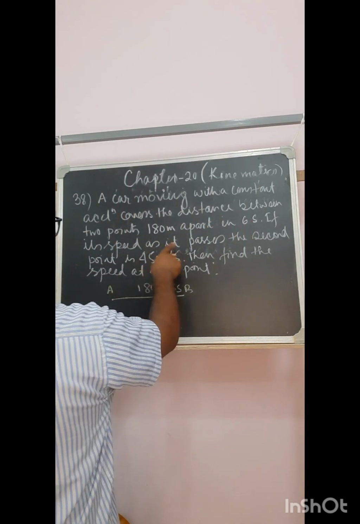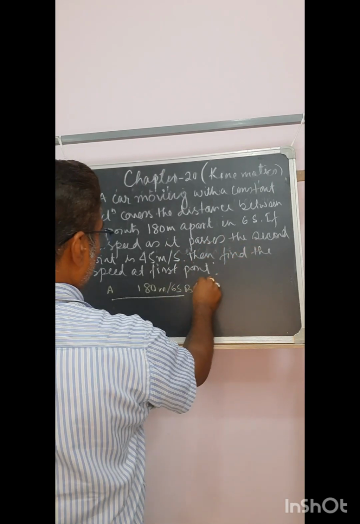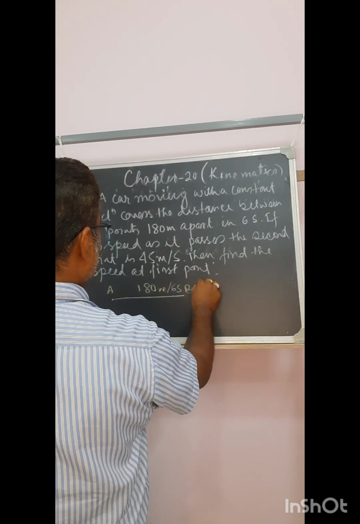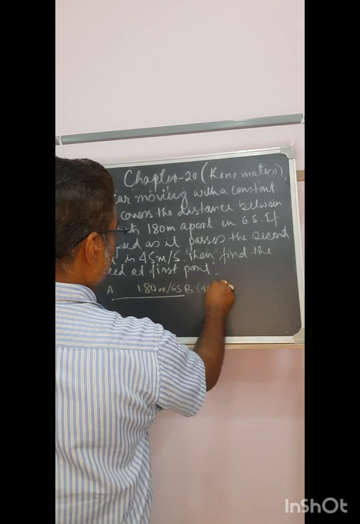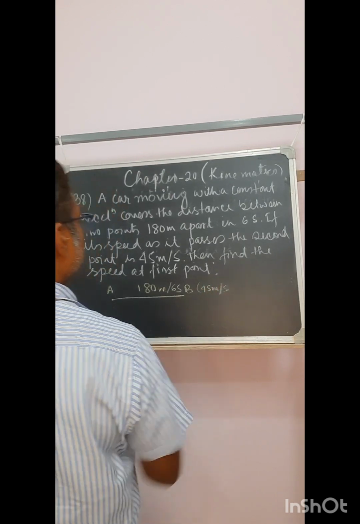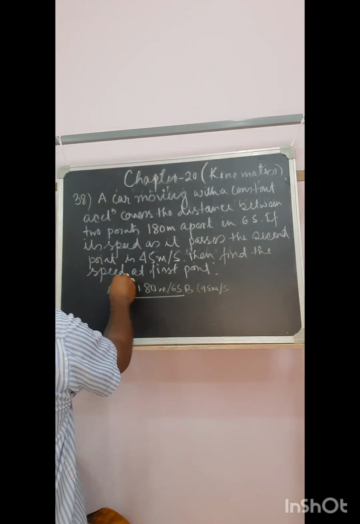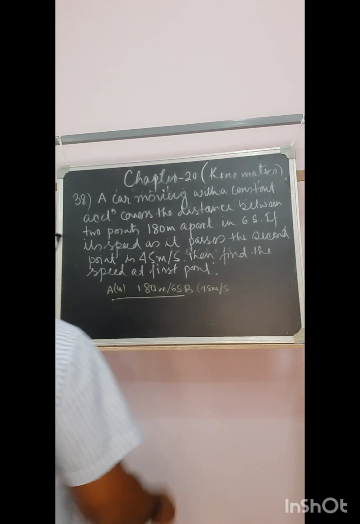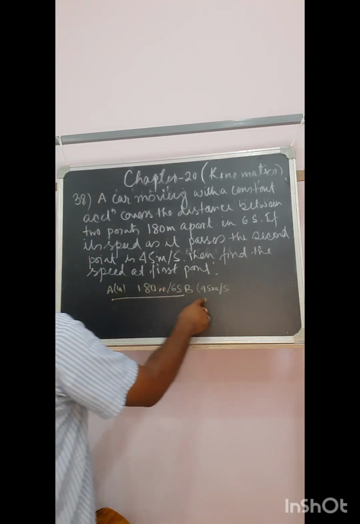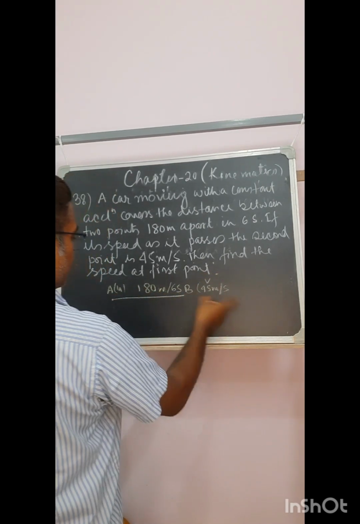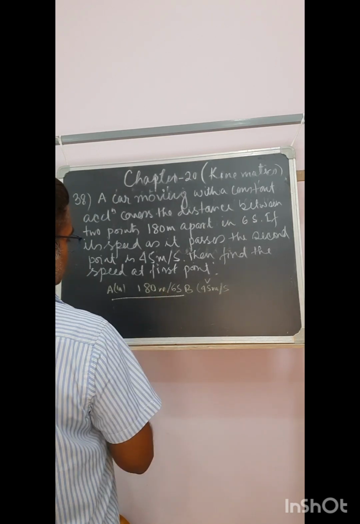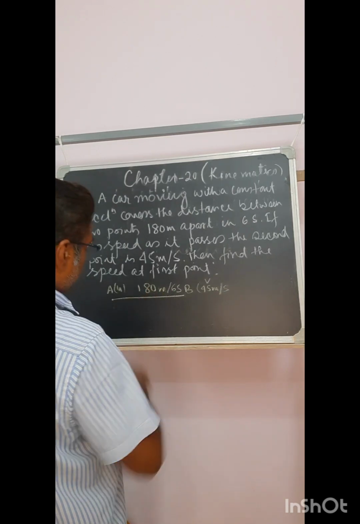The speed as it passes the second point is 45 meter per second. Now you have to find u. So u is unknown, v is the final velocity, time is known, distance is known.